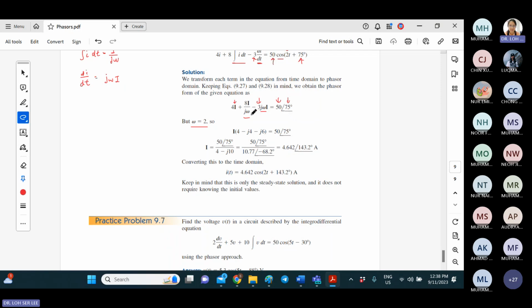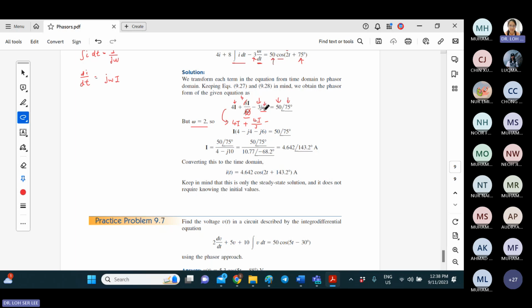So how to simplify this? You replace this by 2. When this is 2, you cancel out the 2 with this, you get 4, right? So we have 4I over J. I write one more line here. So you have 4I plus 4I over J, correct? When you substitute this W by 2, you cancel out the 2 with the 8, you get 4I over J. Minus, this W is 2.